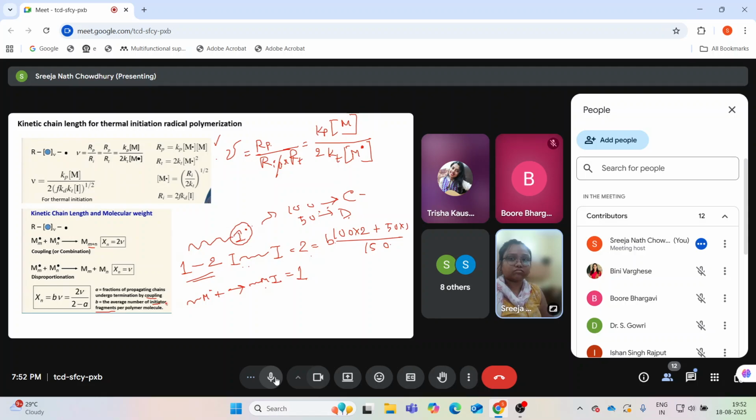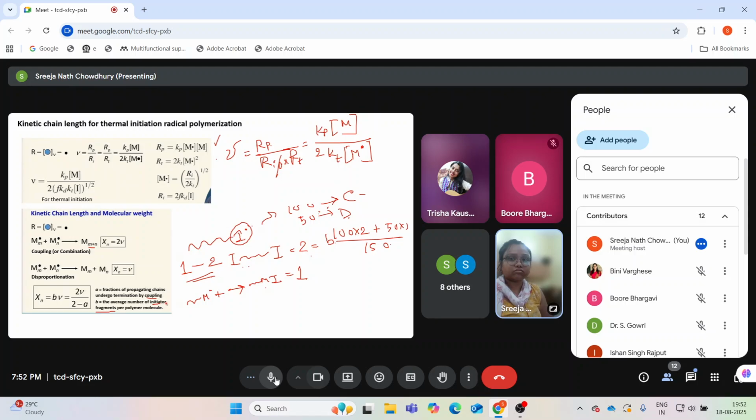Ma'am, can you please go to that curve slide, the inhibitor slide, inhibitor retarder? Ma'am, in the third curve, this type of curve is shown for the acceleration in that node provided.